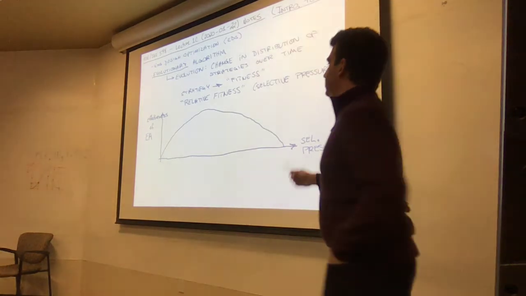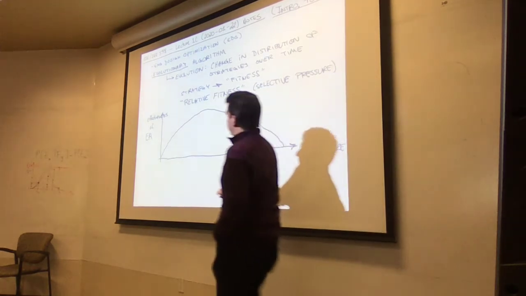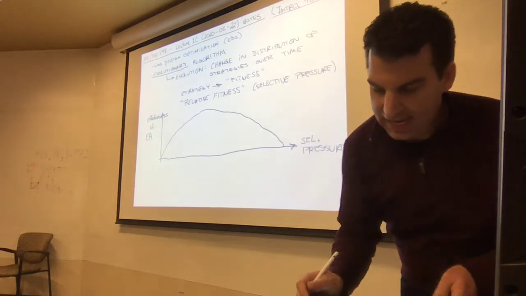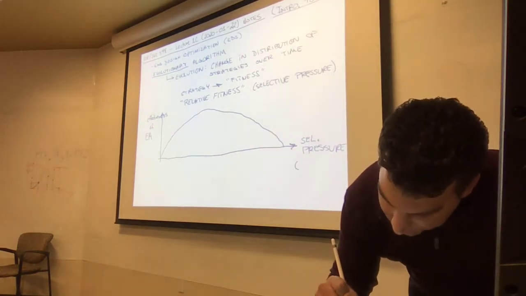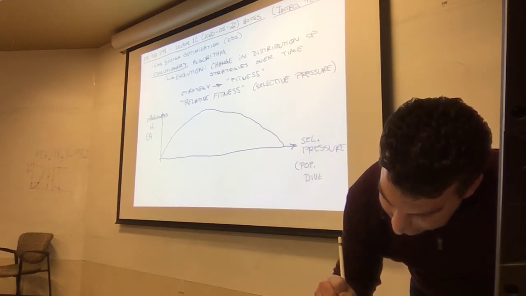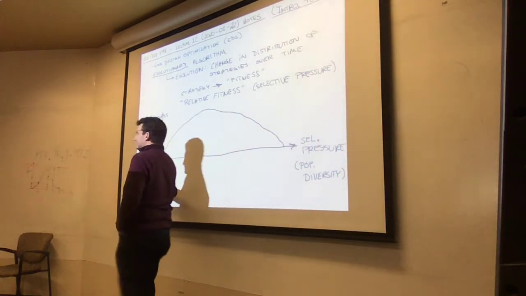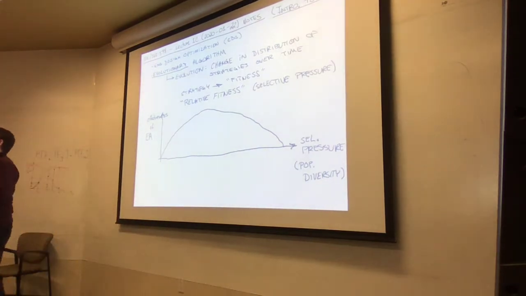And so what this is saying here is that when you have no selective pressure, now what do I mean by no selective pressure? Well, another way to write that is selective pressure is actually related to population diversity. So if I have no diversity in my population, everyone's the same, then my population will stagnate.